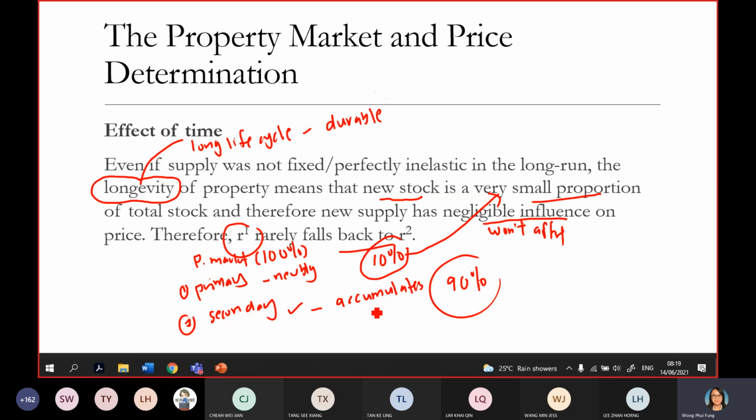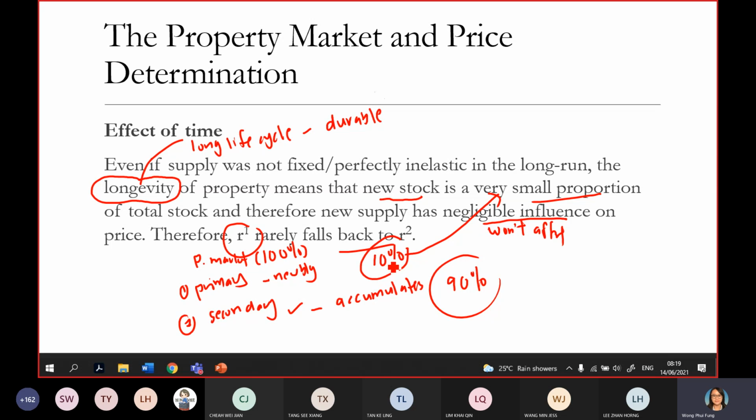due to the reason that property will accumulate over time. And the reason is because of longevity, durable. So that's why there is always a big market for secondary market rather than the primary. Although we keep on supplying new buildings, this new supply is, say for example, 10% only.